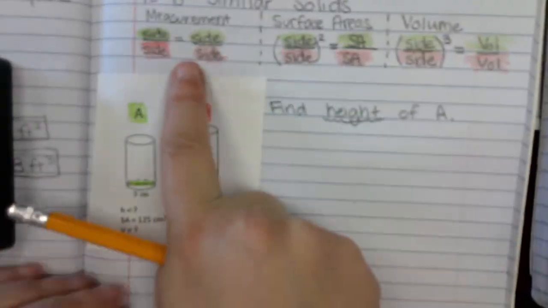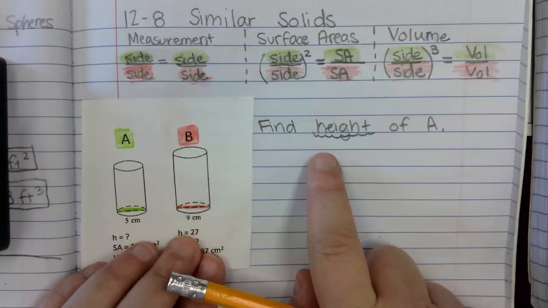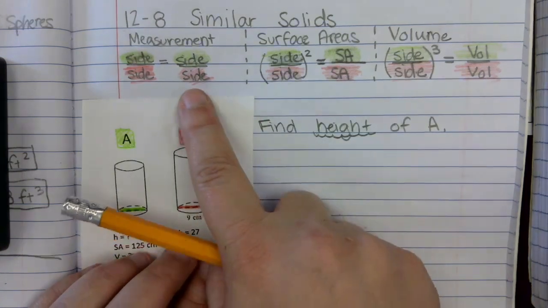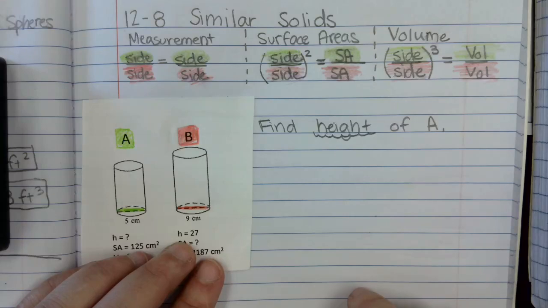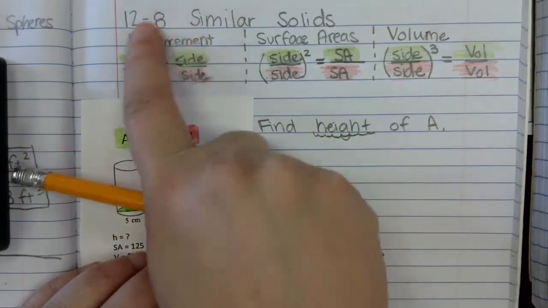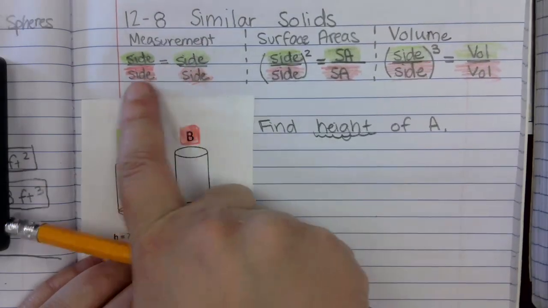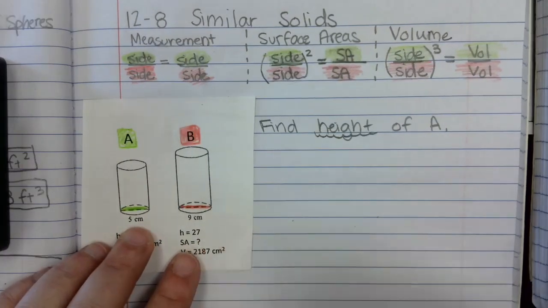Are we going to use the measurement formula, surface area, or volume if I'm finding height? Yeah, just the measurement. So I'm going to do my side over side equals side over side. I don't need to do any parentheses or anything like that. So I'm going to start with my 5.